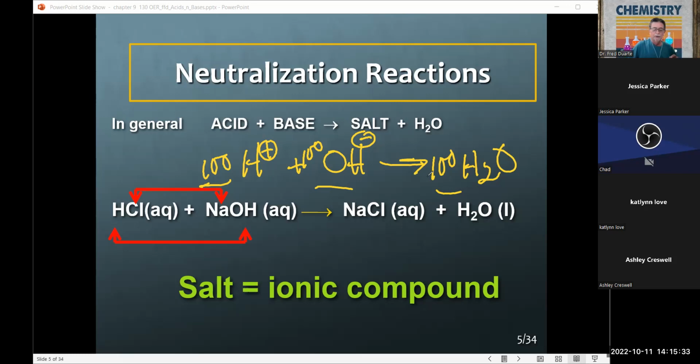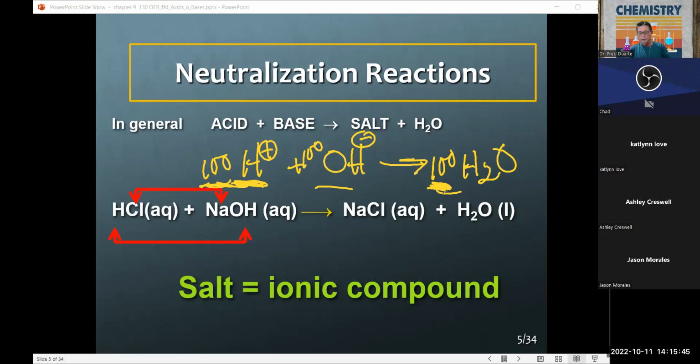A 1-to-1. And so I can use that to predict: if I have 100 molecules of protons, I can calculate how many molecules of water I'm going to make. And then eventually I can calculate how many grams of water that corresponds to. And that's all related to these calculations I've been mentioning way back when. We're using that method I mentioned of keeping track of the units so we can back calculate and start doing calculations down the road.